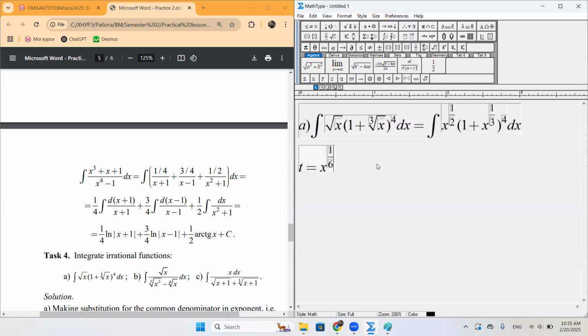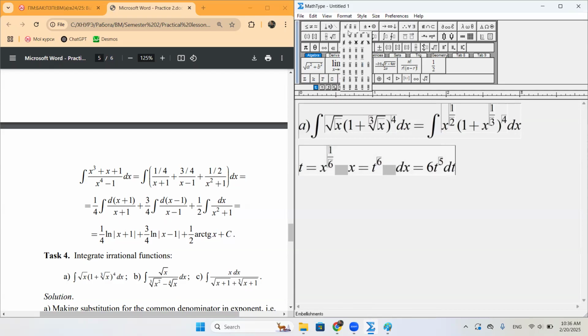So t equals x in power of 1/6. Then x equals t in power of 6. So dx equals 6t in power of 5 multiplied by dt.